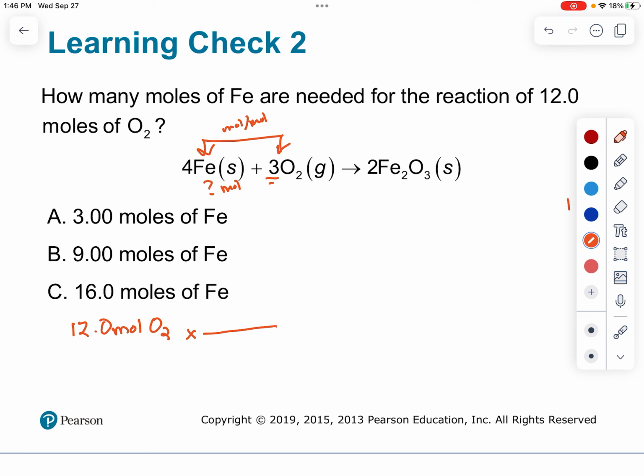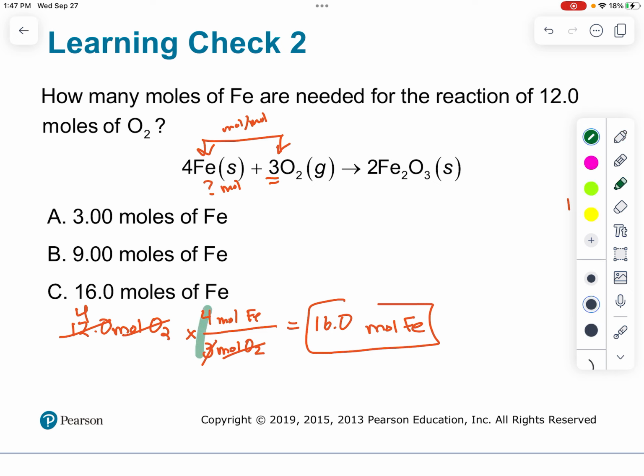So from the coefficients, I see that 3 moles of oxygen react with 4 moles of iron. When I do that, the moles of oxygen cancel, and what I'm left with are the units that I want, which is moles of iron. 3 goes into 12 4 times, and so my answer will be 16.0 moles of iron.